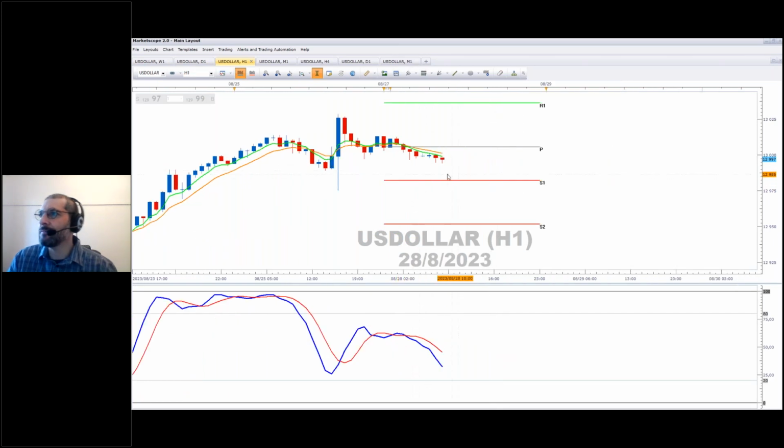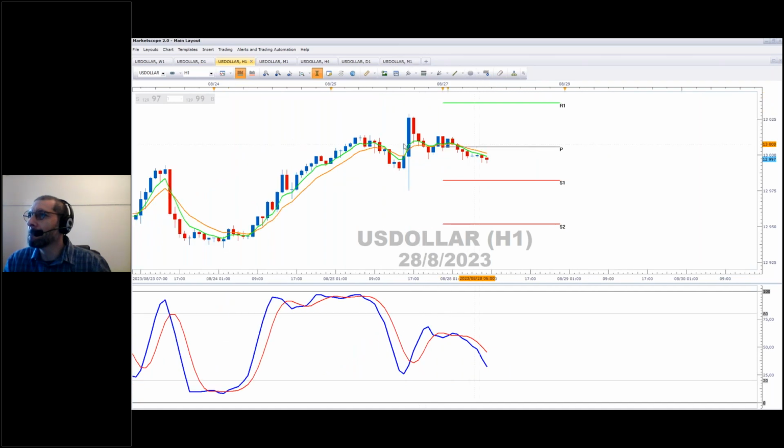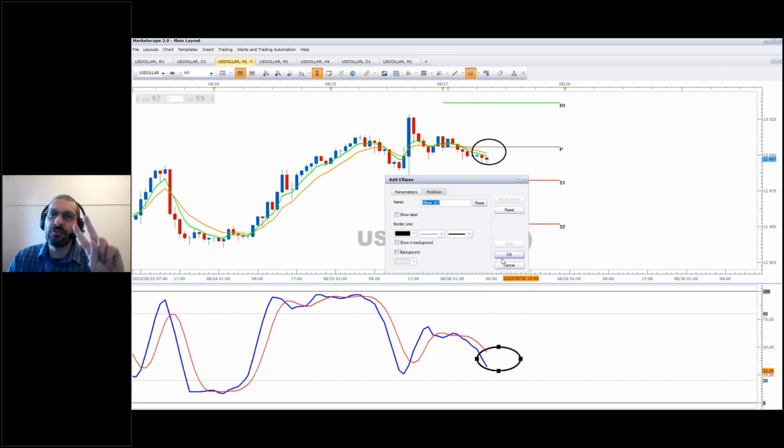And what we can do is keep a lookout. There's no real overlap here that I can see. But of course, in terms of our pivots, S1 is the next pivot level. If you get a golden cross of the EMAs, if you get a bullish cross of the stochastic, those are your two triggers.